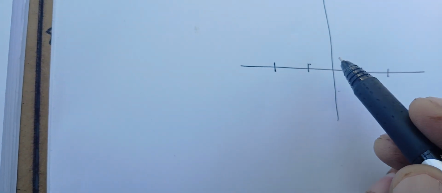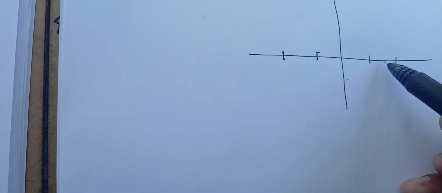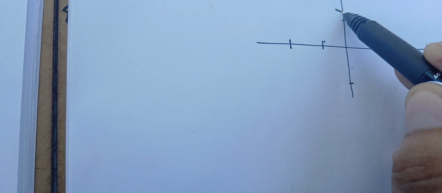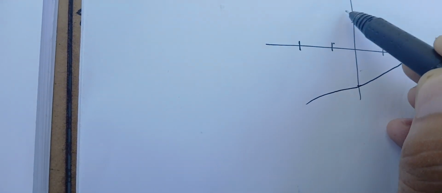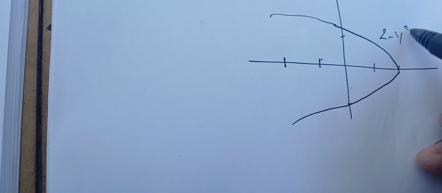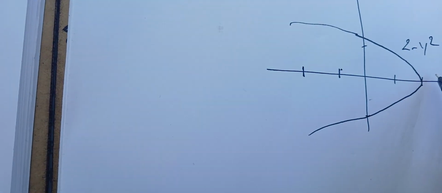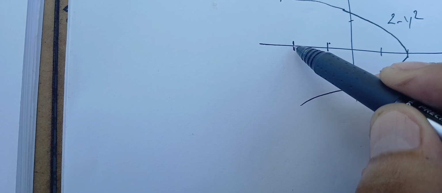This is just minus y squared shifted by 2 units. The other one, y squared minus 2, is just x equals y squared shifted by 2 units.